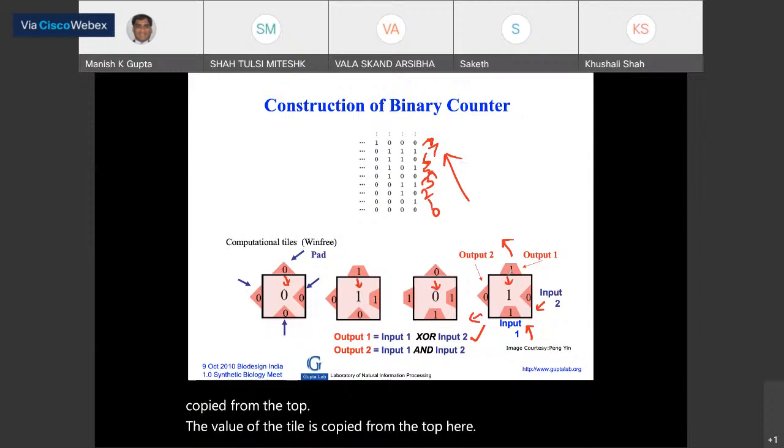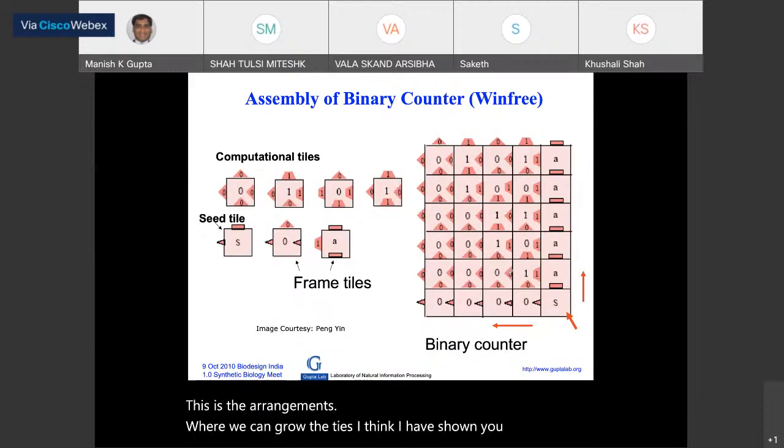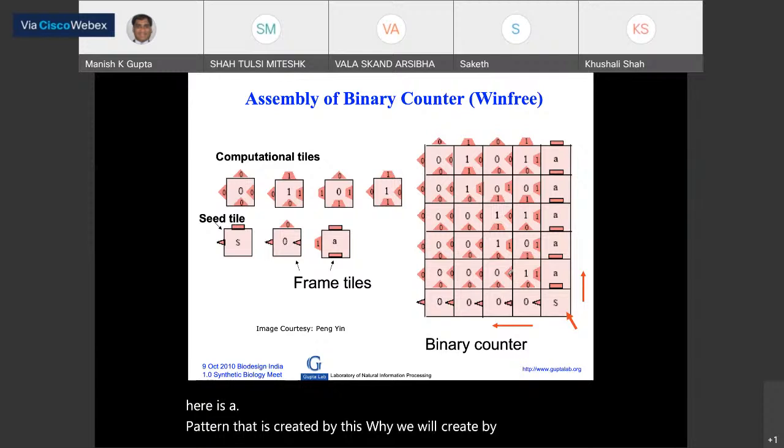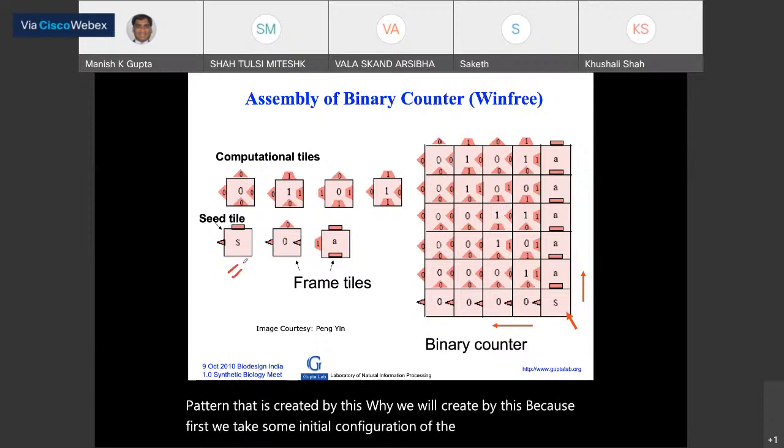This is the arrangement where we can grow the tiles. I think I have shown you this picture earlier, that here is a pattern that is created by this. Why will we create it by this? Because first we take some initial configuration of the seed tile. Here is the seed tile.